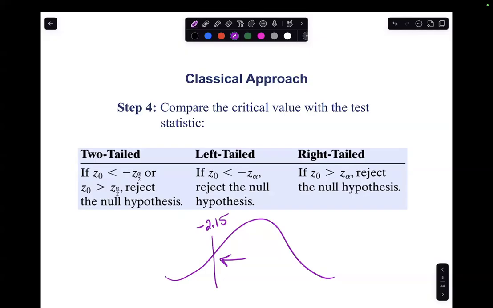So if this is my critical value, I'm going to put CV for critical value. Once I calculate my test statistic, I'm going to compare it to the critical value. So if my test statistic lands out here, so let's say it was negative 2.65. If it lands out there, I'm going to reject the null hypothesis.